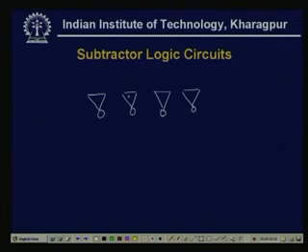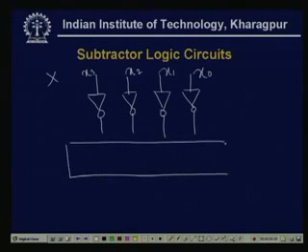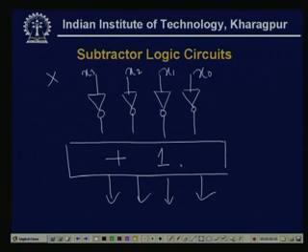So there will be 4 inputs, say x3, x2, x1, x0, and then plus 1 is added, and it represents the 2's complement of x.